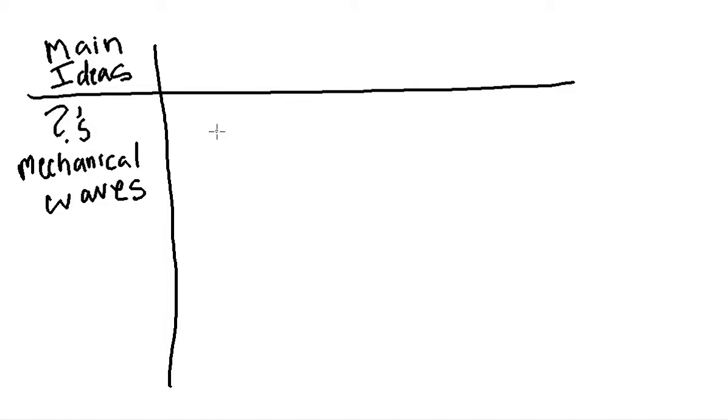So there's two different types of mechanical waves. I'll give you a little hint. It has to do with the relative direction of the vibration versus the direction of the wave's motion. So it's all about the comparison of the direction of two different things.